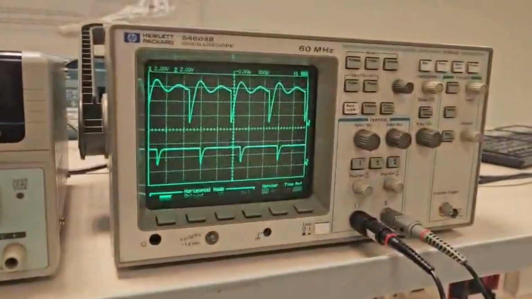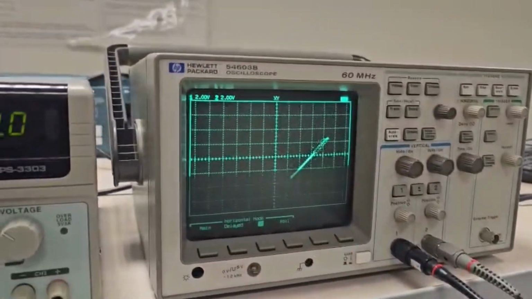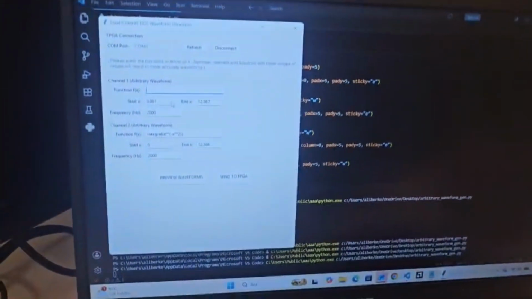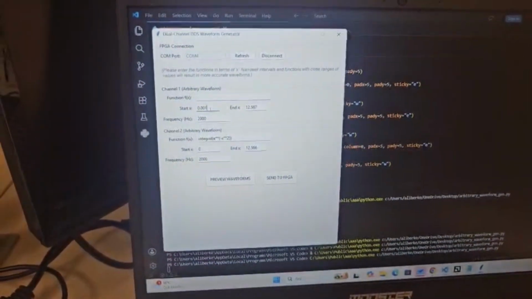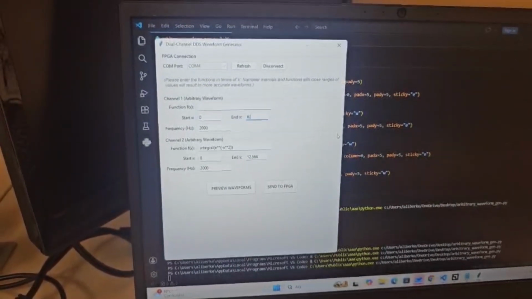We can also use this functionality to draw pictures. Now I'm going to use the Lissajous patterns to draw a flower. I'm going to adjust the interval to 2 pi.